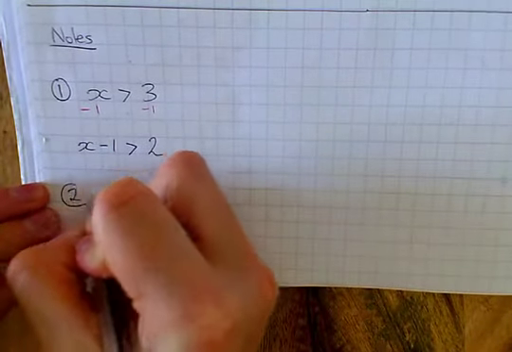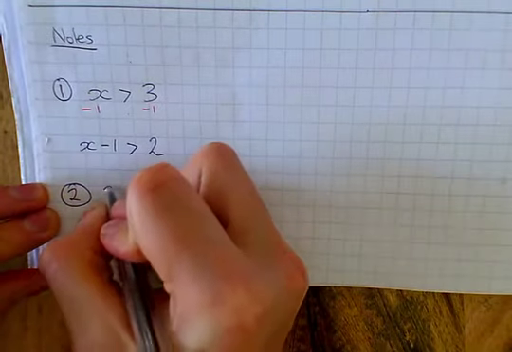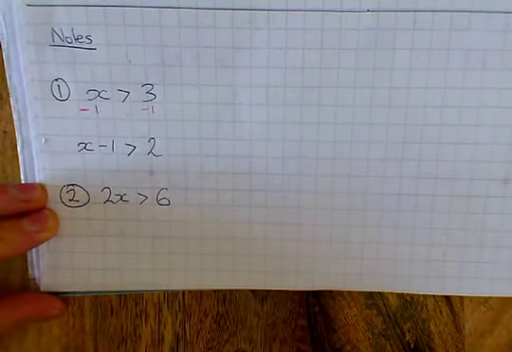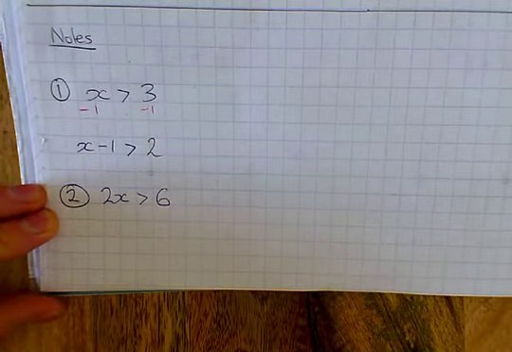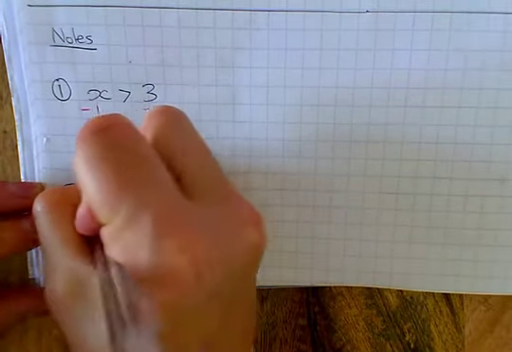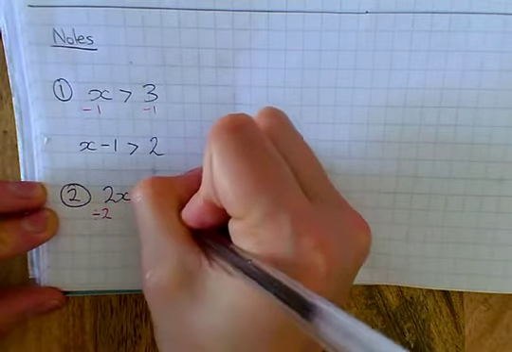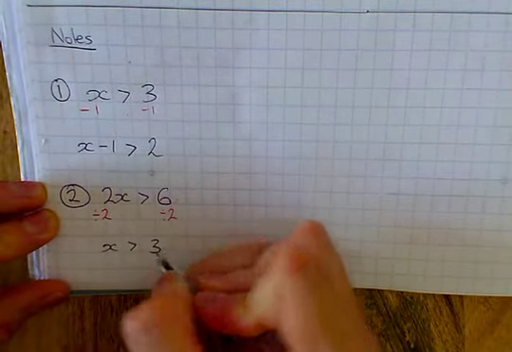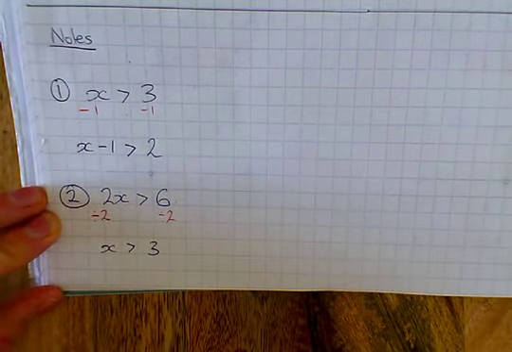Number 2 says 2x is greater than 6. Now again, we can divide by a positive whole number on both sides of the inequality. So here, if I divide both sides by 2, then x is greater than 3, and you can see how the process is quite similar here to solving an equation.